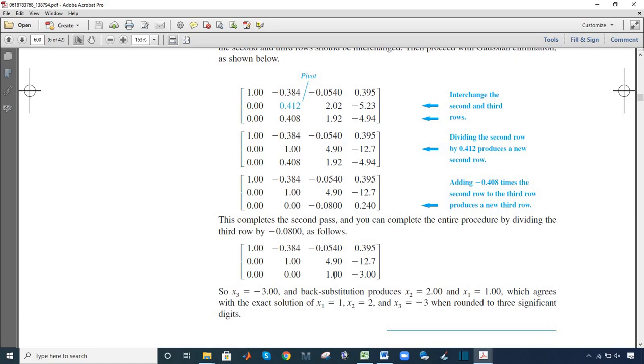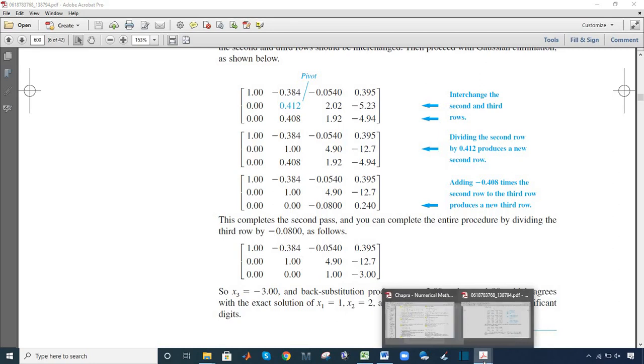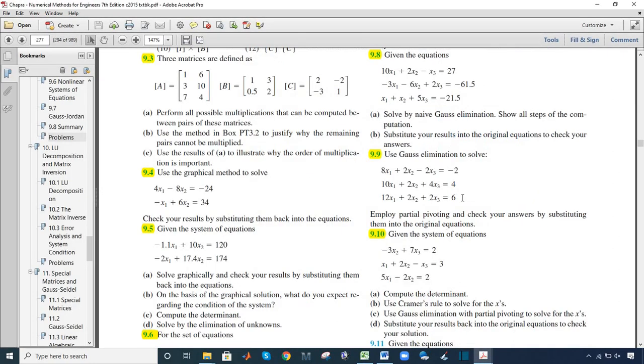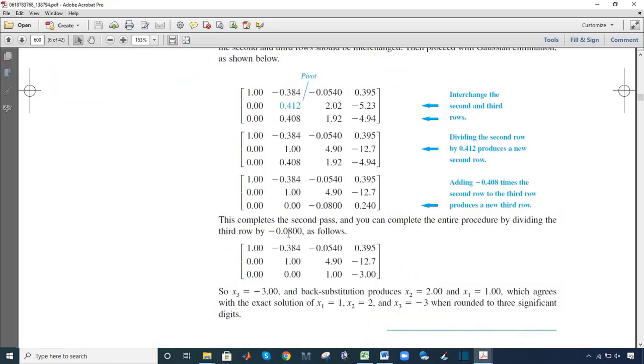You have to form these equations just like this type of matrix. A11 should be 1, A12 should be 0, A13 should also be 0, and A22 should be 1, A23 0, and A33 1.